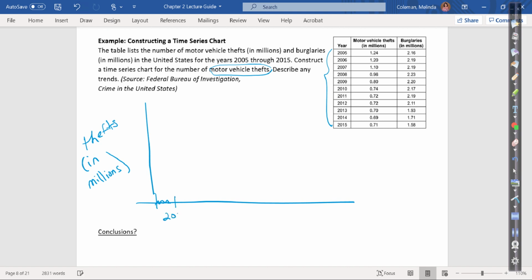We'll start at 2005. We're going to end with 2015. Again, there will be other hash marks in here. So 2005, this would be 2007, 2009, and the other ones, so this would be 2011, 2012, 2013, and 2014.